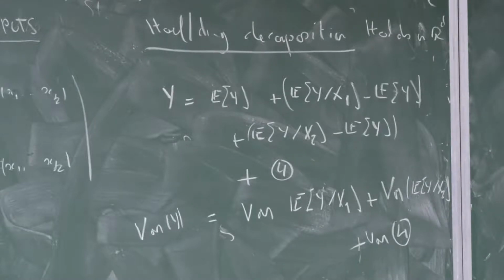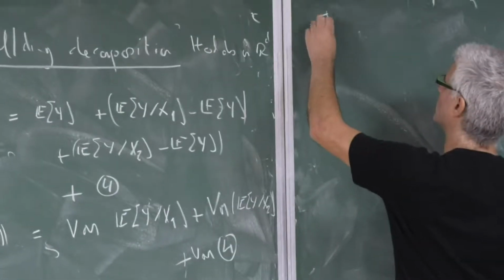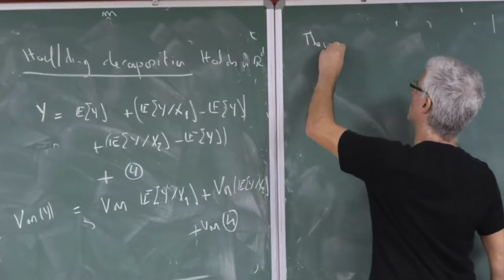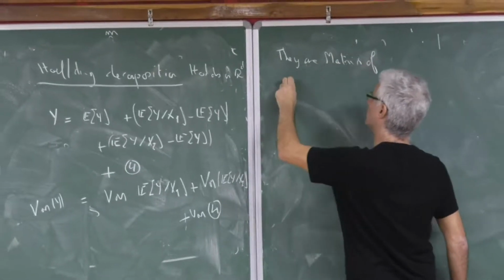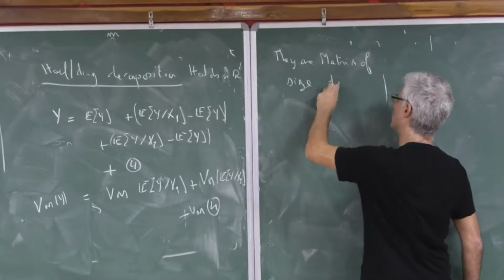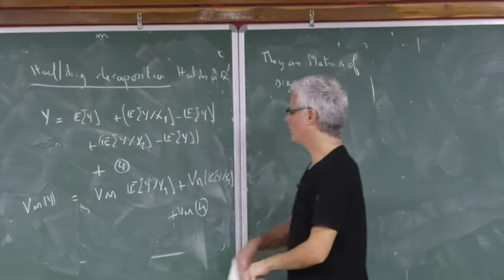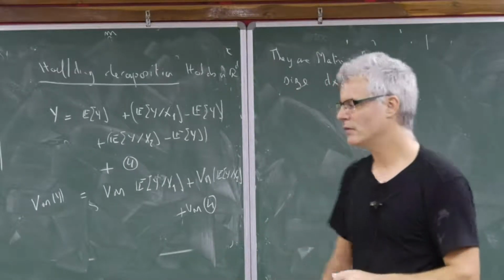Everywhere here I have a square matrix of size d times t.